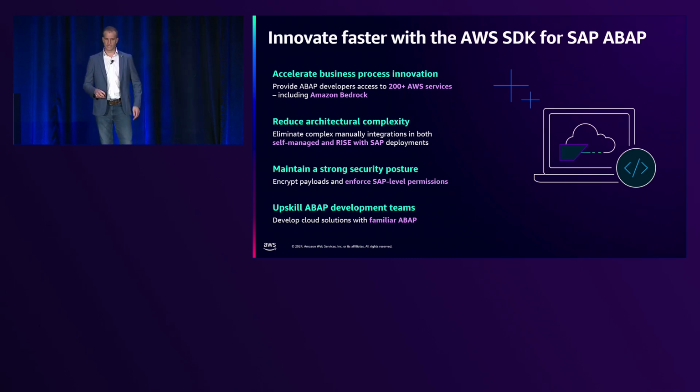It fills a gap between the ABAP builder community and AWS services. A lot of customers already today are using it to reach things like S3. And I would be remiss in not pointing out that services like Bedrock are for sure on their roadmap.